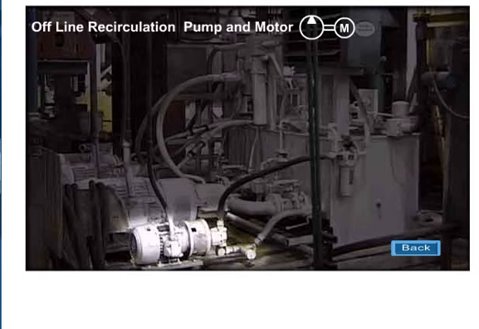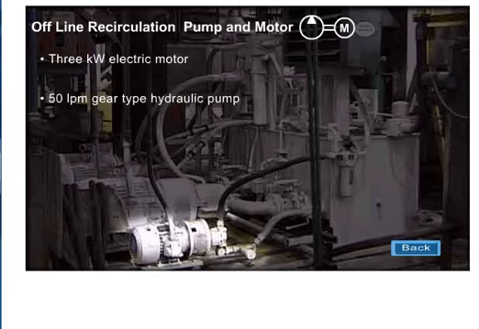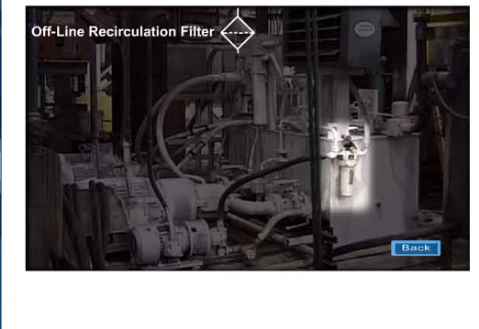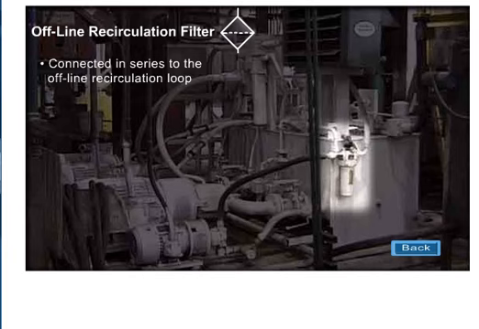Offline recirculation pump and motor: 3 kilowatt electric motor, 50 liters per minute gear type hydraulic pump, provides flow for the recirculation loop. Offline recirculation filter, connected in series to the offline recirculation loop. 10 micron pressure filter. Spin-off housing. Offline filtration.